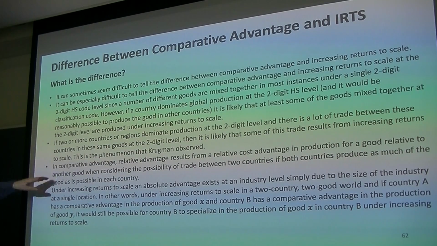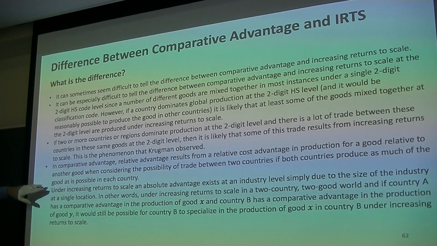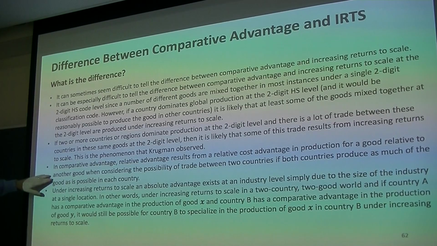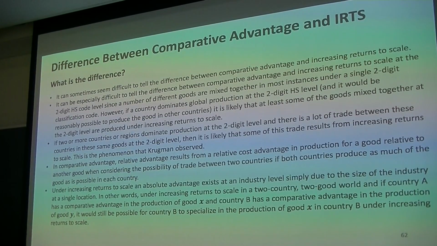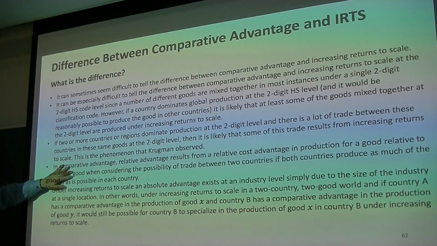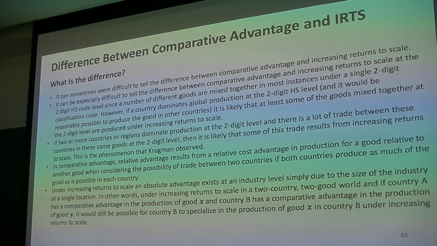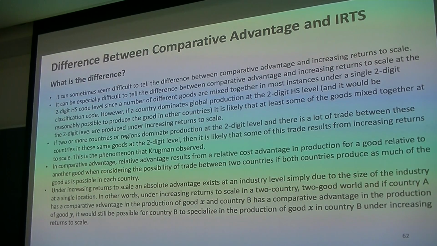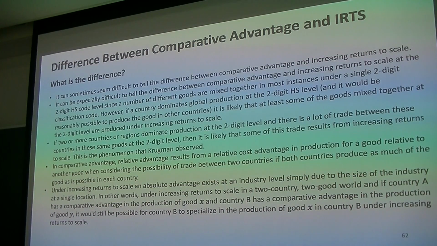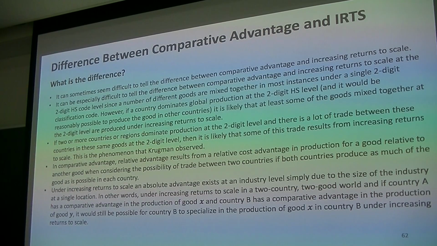economies. As I say, in comparative advantage, the relative advantage results from a relative cost advantage for a good relative to another good. So when both countries produce as much of the good as possible, one of the things you may get is one country exporting raw materials and another country doing manufacturing. That's also a comparative advantage thing.